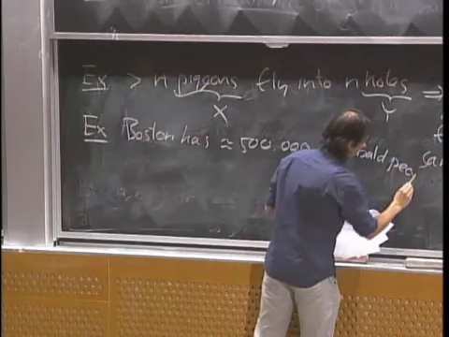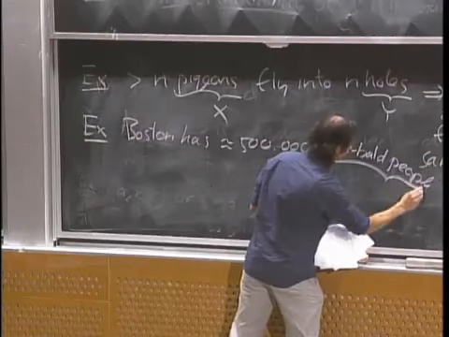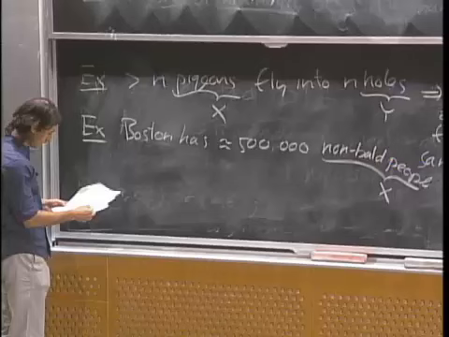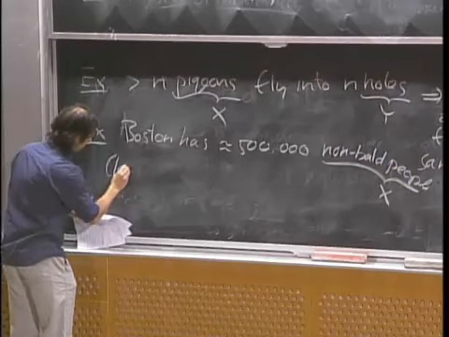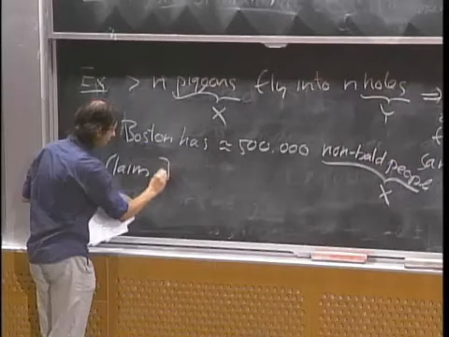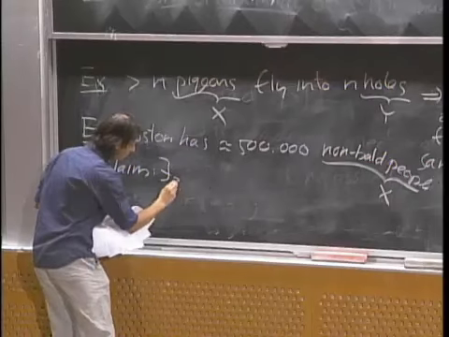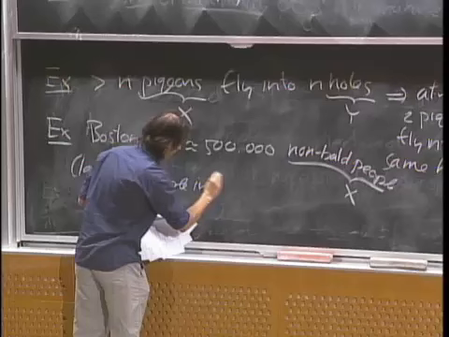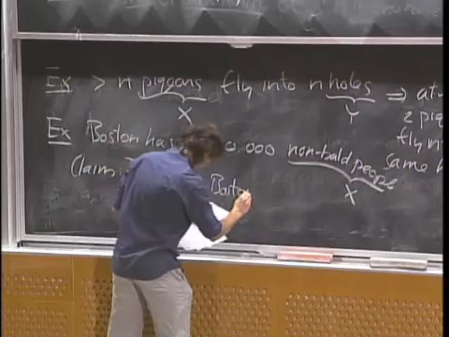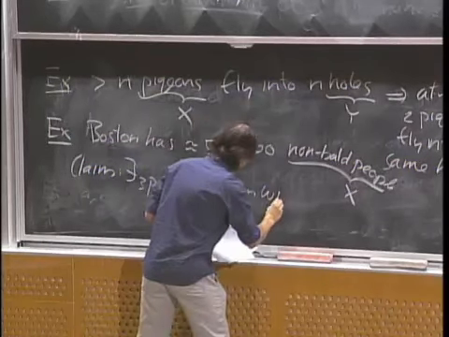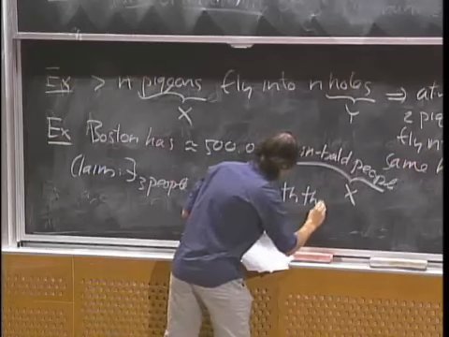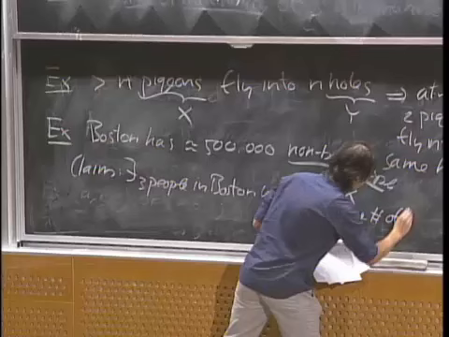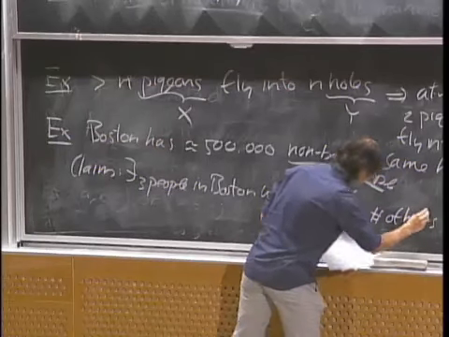And let's call this set X, because we're going to use the pigeonhole principle. So our claim is that there exist 3 people in Boston such that they have the same number of hairs on their head.